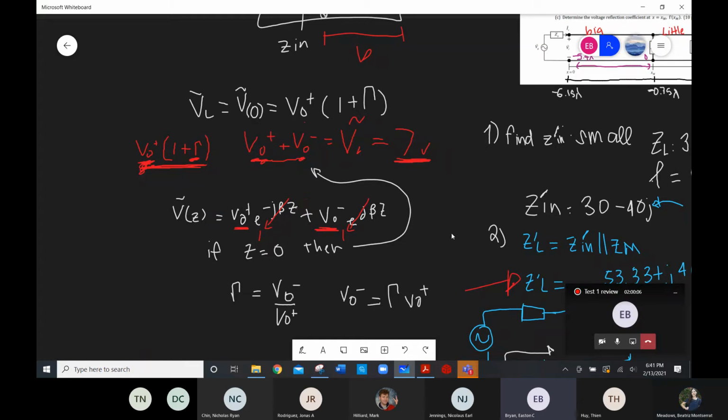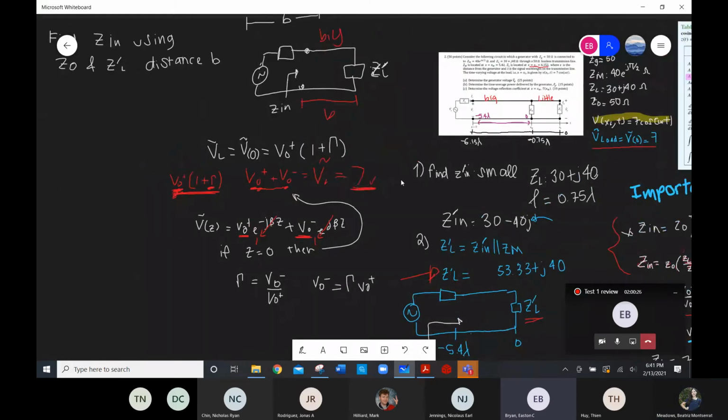You can get gamma in there and you don't have to worry about V0 minus. That's what you're going to use to find the next voltage down the transmission line. We're given the voltage at the load on the far right, but using this equation in V0 plus, we're going to find the voltage at the next load over to the left, at XM.